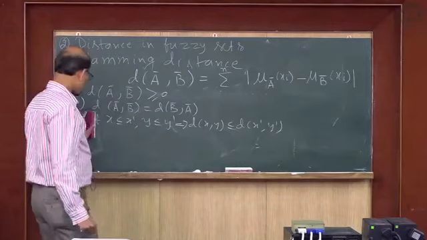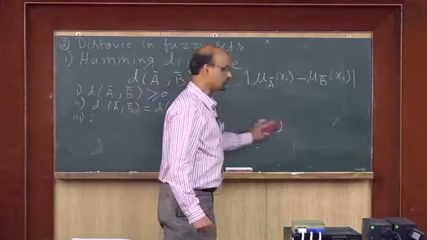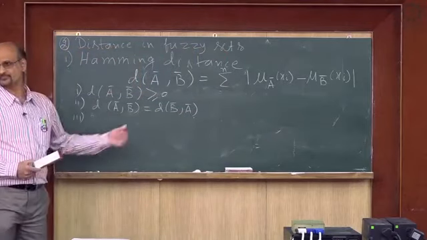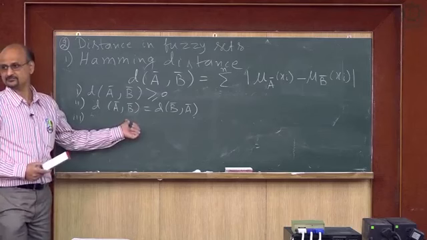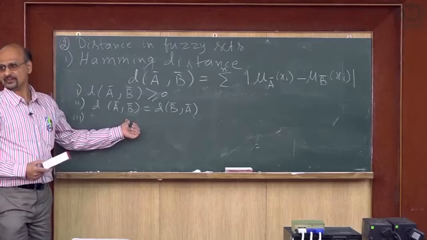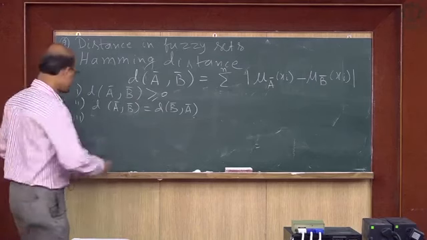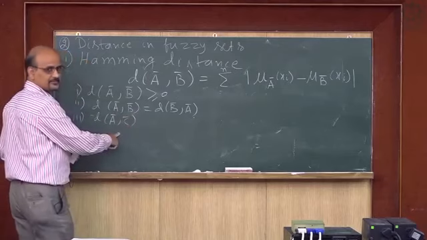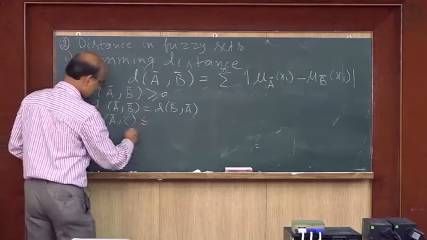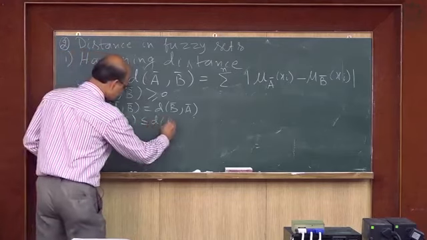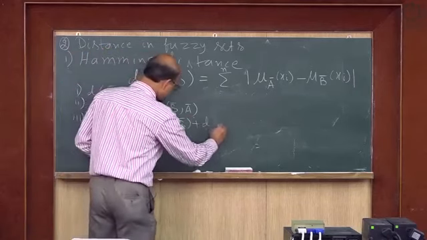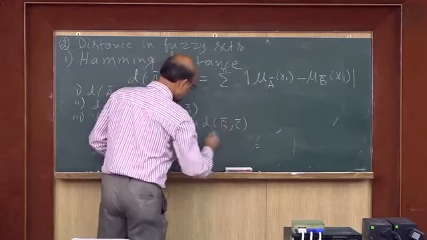Now, from crisp sets for distance, tell me, the triangle inequality. What is that? D of A C, if C is another fuzzy set, is less than or equal to D A bar B bar plus D B bar C bar.